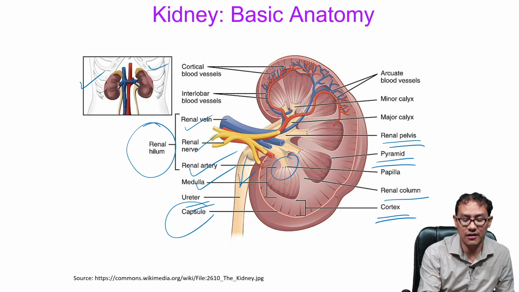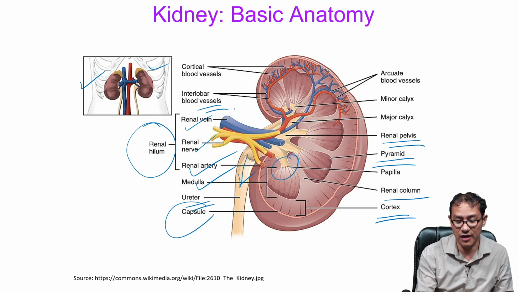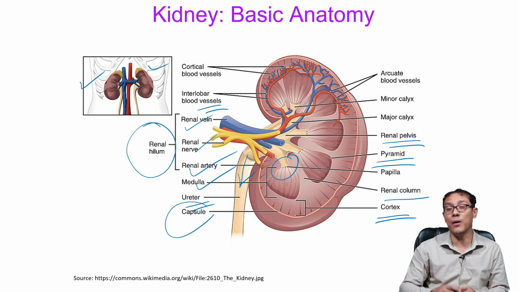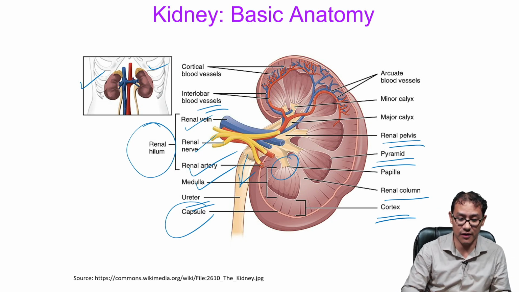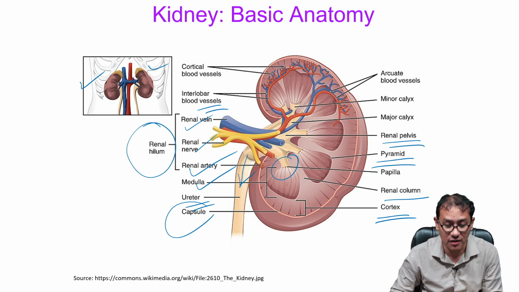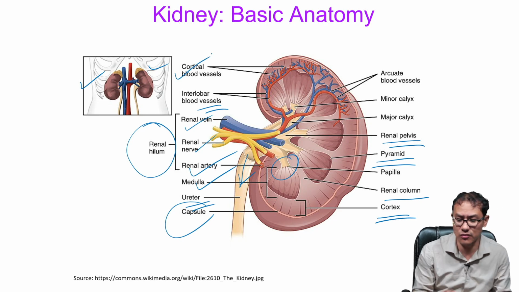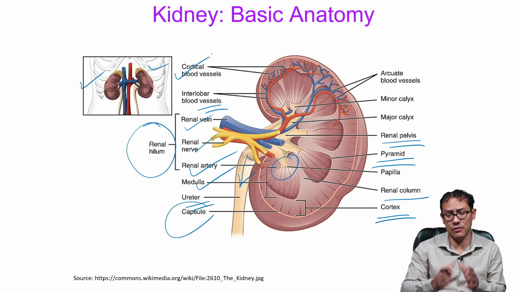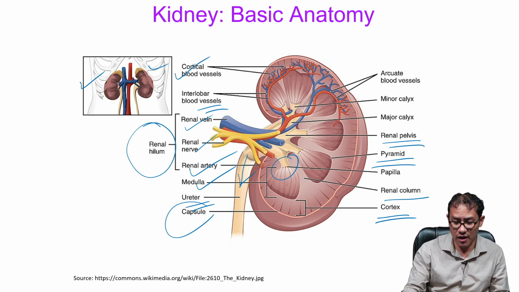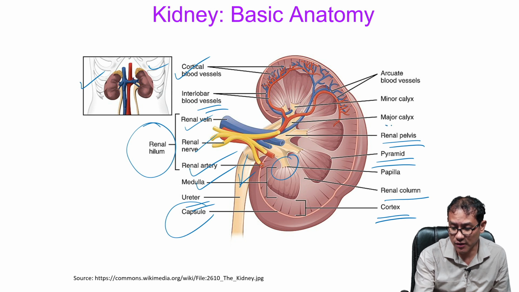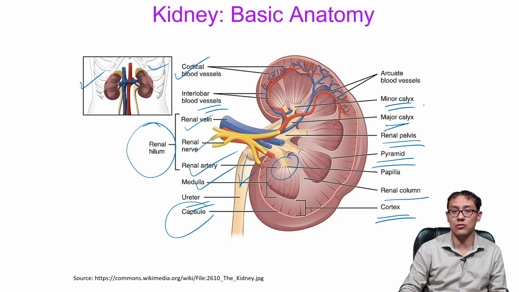Again, regarding the blood vessels, we can see that they are divided into interlobar blood vessels, then interlobular blood vessels, and also the cortical blood vessels. So there are different branches of the blood vessels, and the major and minor calyces are also there.